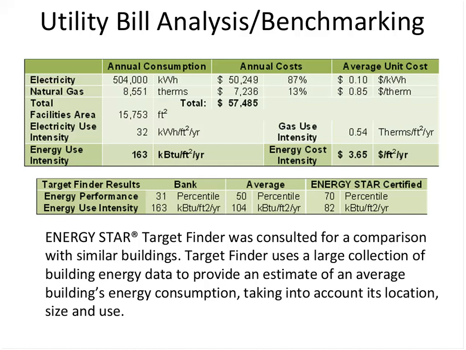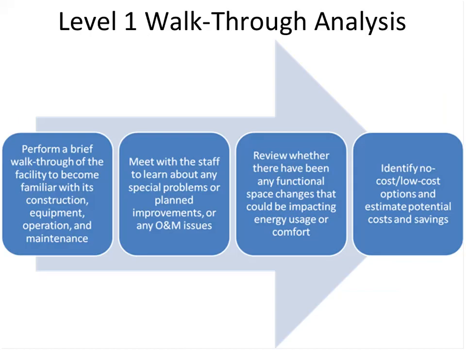So that gives you an idea of where this building stands. There's going to be some opportunity in it. So we need to do the walkthrough. The walkthrough is where you go through the building, take a brief walkthrough, get familiar with its construction type, what's going on in there, what the equipment is, discuss O&M of the building, and then meet with the staff, learn about any special problems or planned improvements in the building, any issues that they're having.